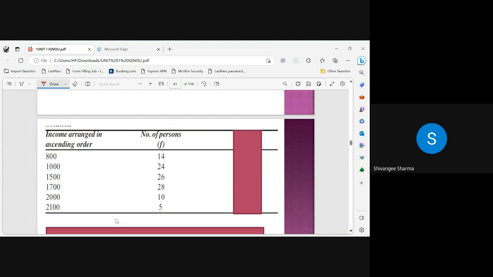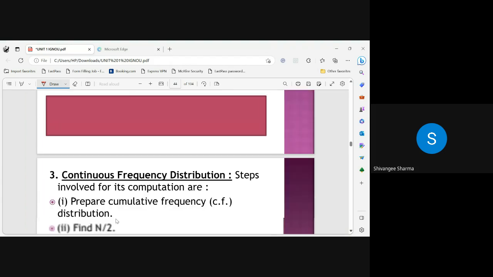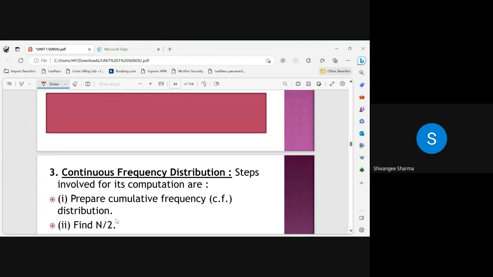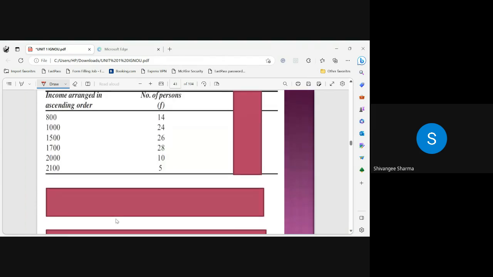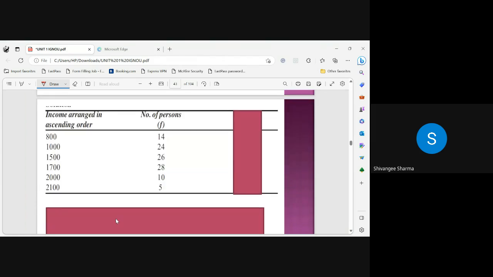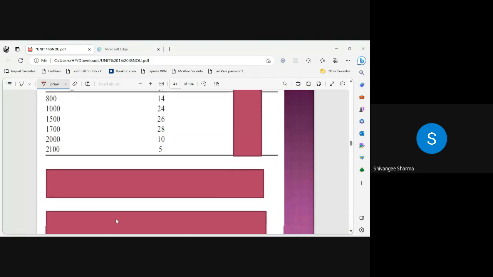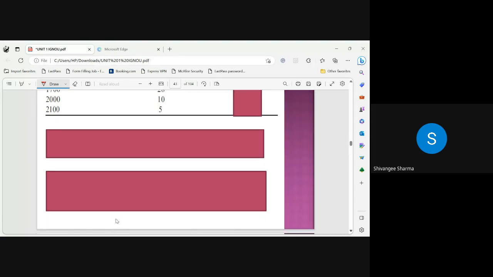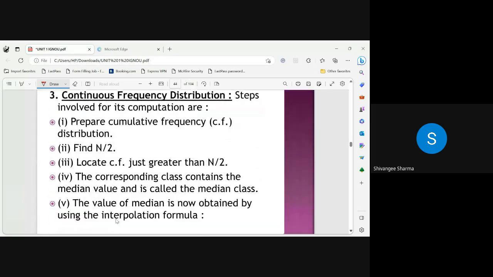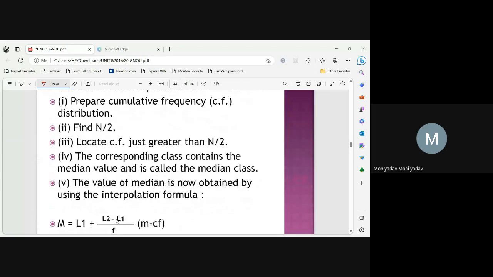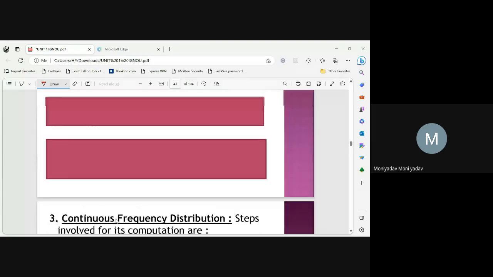So now what you do, just a minute, ये PPT से PDF में convert किया है तो वो locked हो गया है. Let me tell you this. Just a minute.